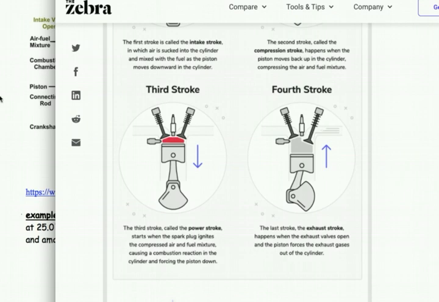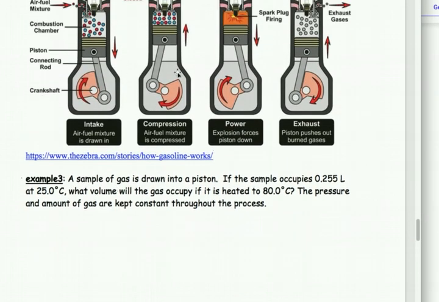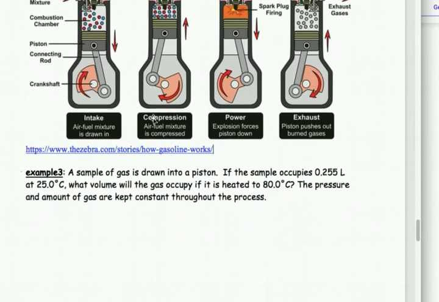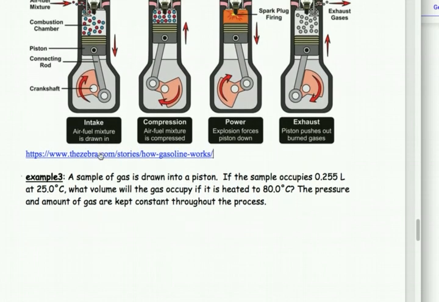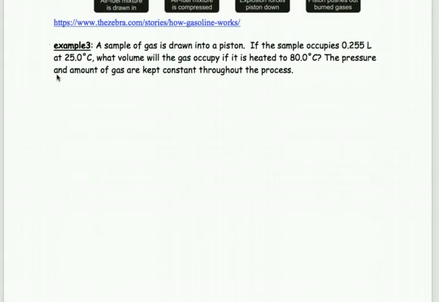So we are going to be looking at this piston, okay? There's gas in a car being drawn in, and you're going through this process. So let's go through and figure out all the information that we're given here. We have a piston. The sample of gas in the piston occupies a space of 0.255 liters.